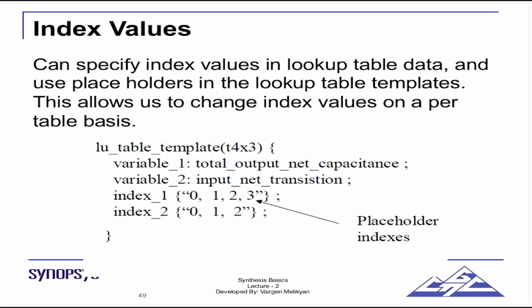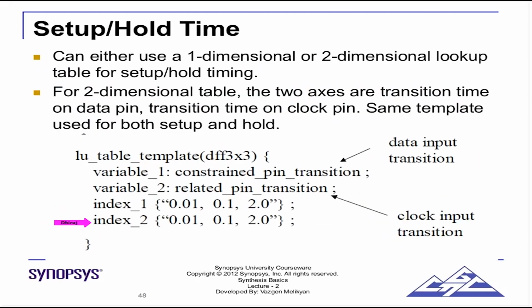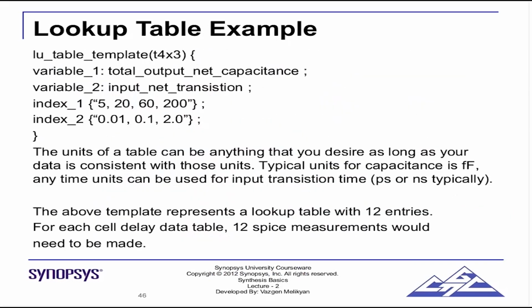Now we can specify index values in a lookup table and use placeholders. In this case, the lookup table template here contains the real values of capacitance and transition, for example, which the designer used to characterize. These contain the real characterization values. But what we could also do is use dummy values here and fill up the values.